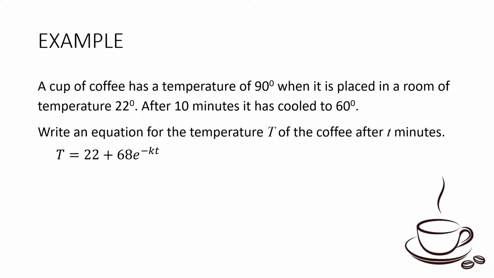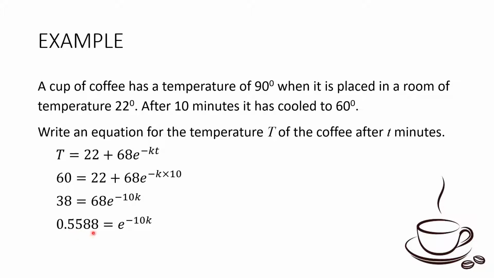And there's one more piece of information that they've given us in the question. After 10 minutes, the temperature has cooled to 60 degrees. So I'm going to put 60 in here and 10 in where t is. Okay, we've just got to solve an exponential equation now. Let's subtract 22 from both sides and then divide by 68.